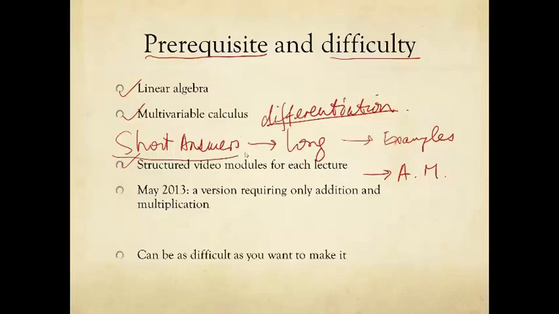Now, the short answer section in the book or in the video, that module, these are accessible by everyone. In fact, we probably won't even be using a single mathematical symbol in those parts of the lectures. And then as we go into the long answer sections of the modules, part of the answers will involve linear algebra and calculus.